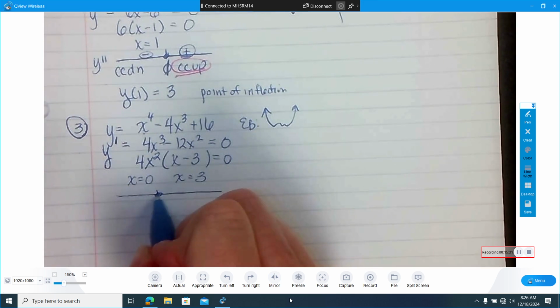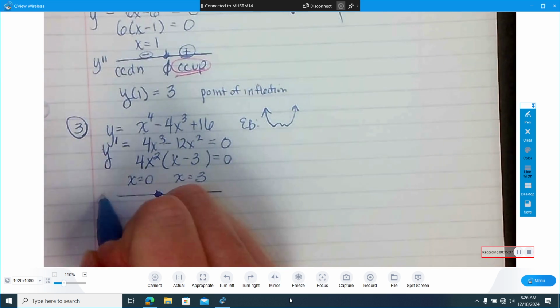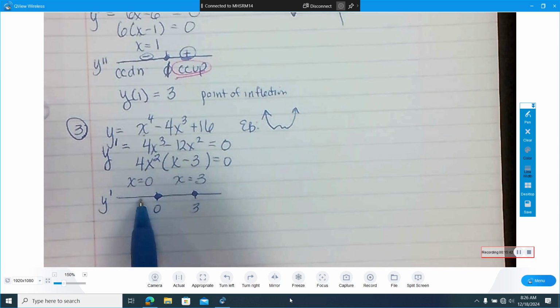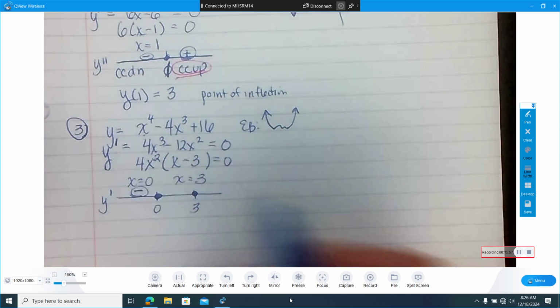So at 0, we have a potential max or minimum. All right, this is y prime. Numbers to the left of 0: if I plug in some large negative values and square them, I get positive things, and here we get negative things. So positive times negative is negative.